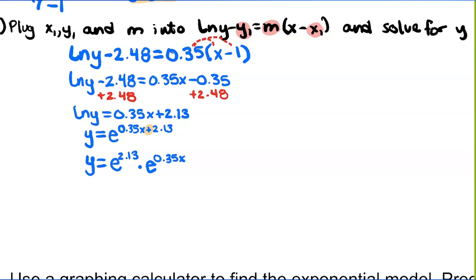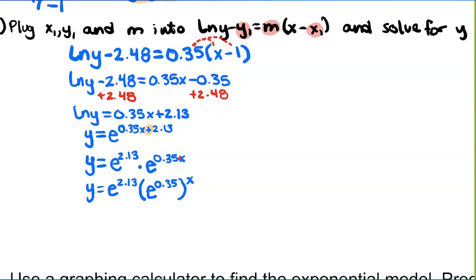Then we're going to pull the same maneuver. This 0.35x is the same as 0.35 times x. We only multiply when we raise a power to a power. So we have y equals e to the 2.13 times e to the 0.35, raised to the x.